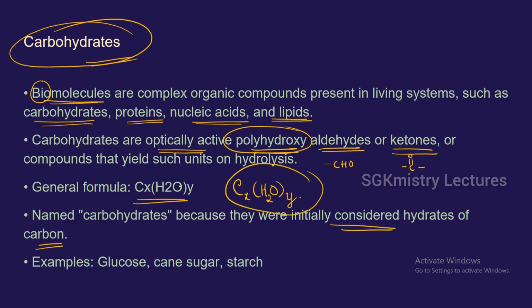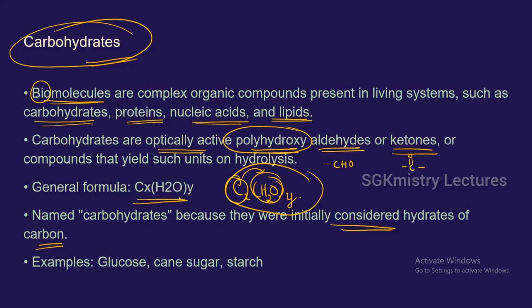You can see here there is H2O, right? So first they thought that carbohydrates are nothing but hydrates of carbon. Since they were considered hydrates of carbon, the name carbohydrates was given based on their general formula. But now we know that they have a completely different structure; they are not simple hydrates of just carbon.